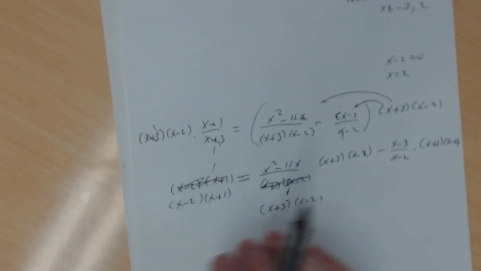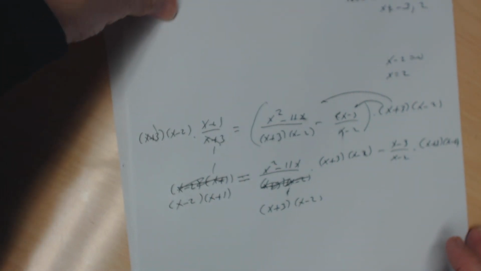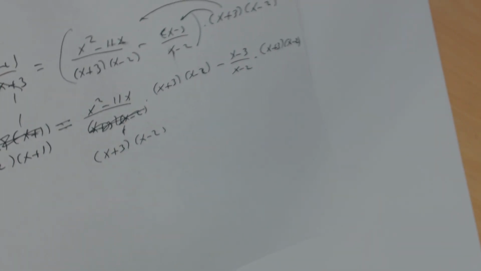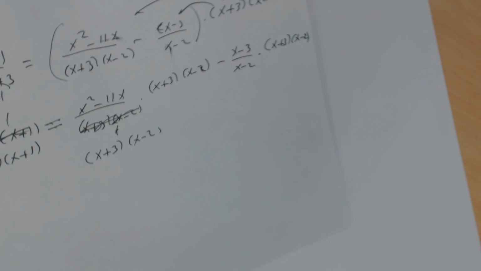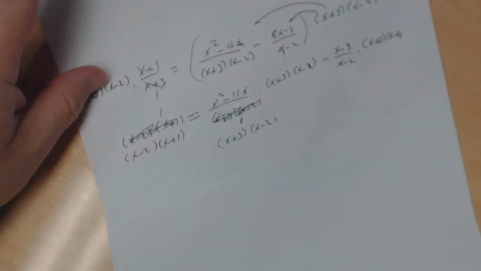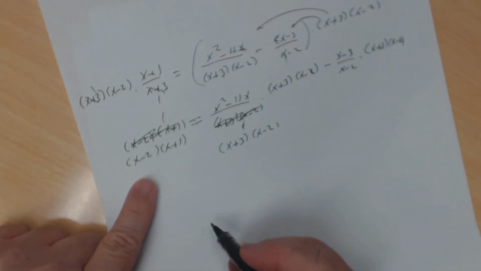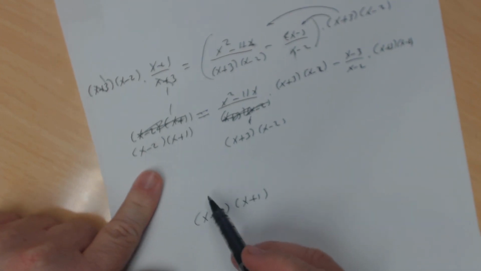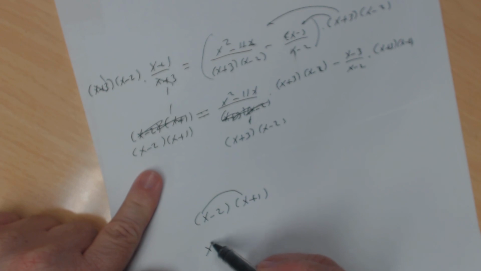All right. So let's go off to the side and figure out what that is. It's quite a bit of work you're going to have to do, so you got to be careful. All right, over here, that's (x - 2)(x + 1). Foiling it. First times first, so x times x, x squared.